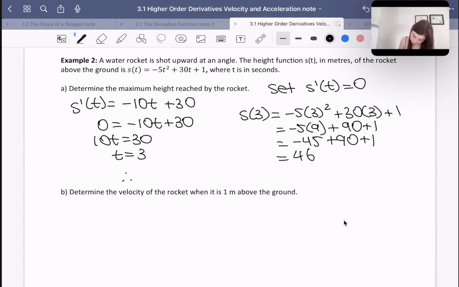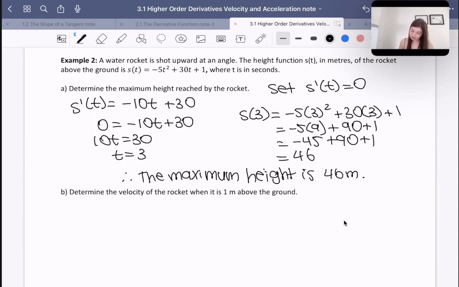So therefore, the height, or I should say the maximum height, is 46 meters. And sometimes you might be asked just, what's the t value? What time will it be when the rocket reaches its maximum height? In which case we could stop here and just say this is our answer.